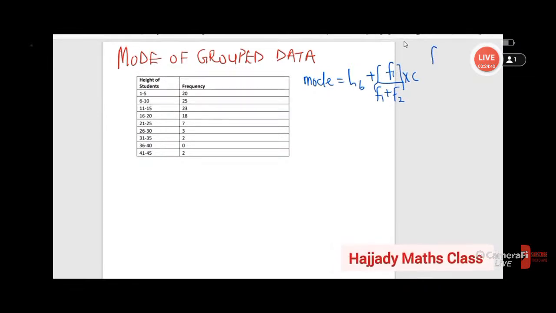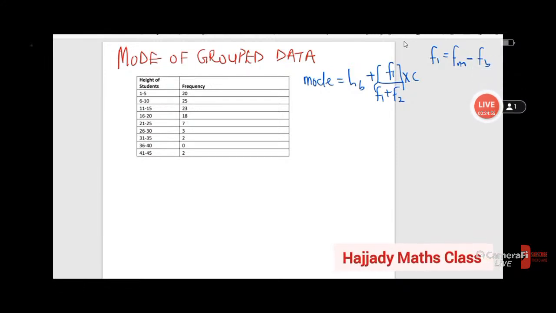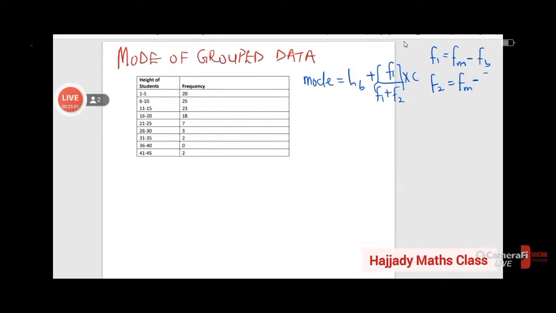F1 is the frequency of the modal class minus the frequency before it. F2 is the frequency of the modal class minus the frequency after it.